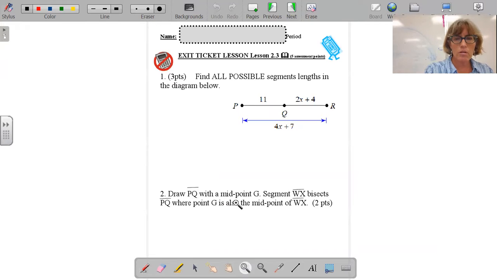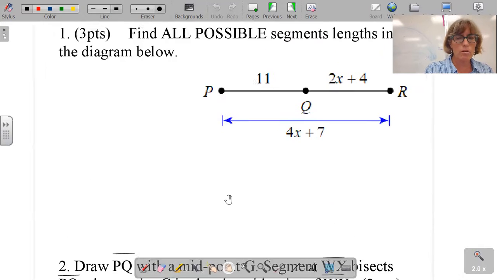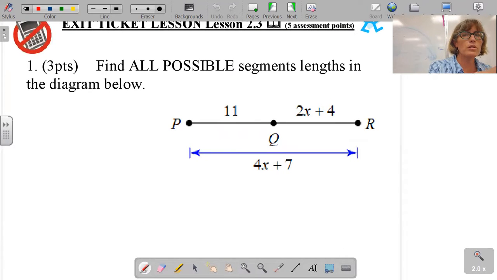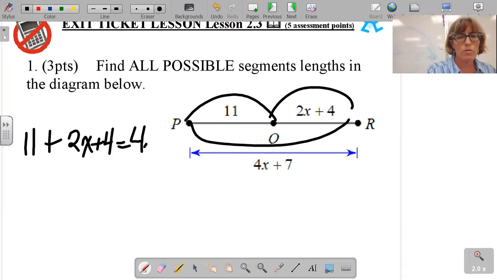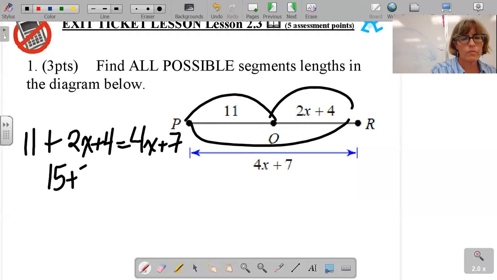This one, book, the setup is this: 11 plus 2x plus 4 equals 4x plus 7, and you solve.